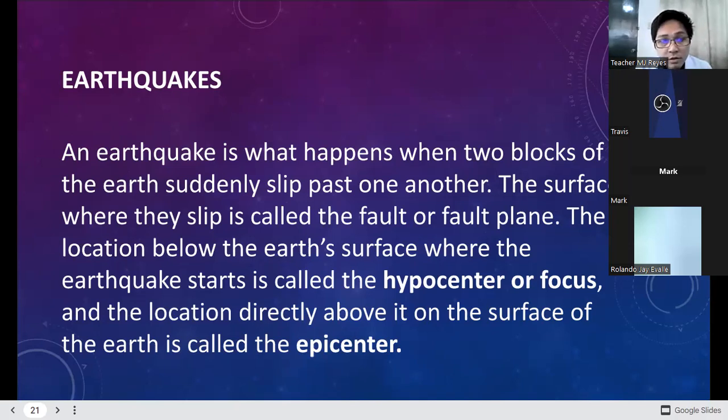Earthquakes. Why do you think is the reason we have faults? What's with the faults? Yes, Travis, do you have any idea?